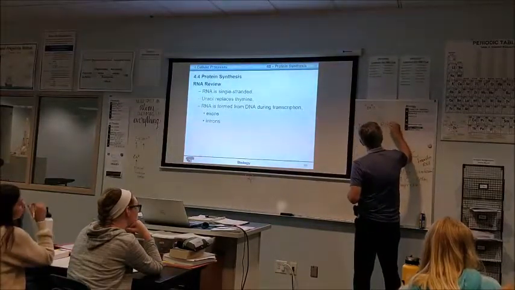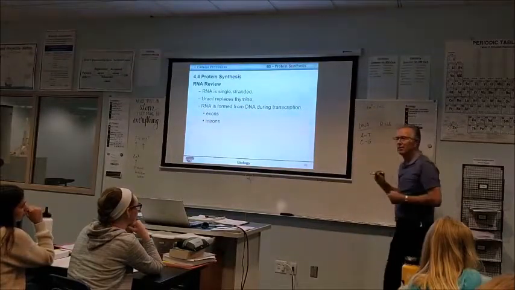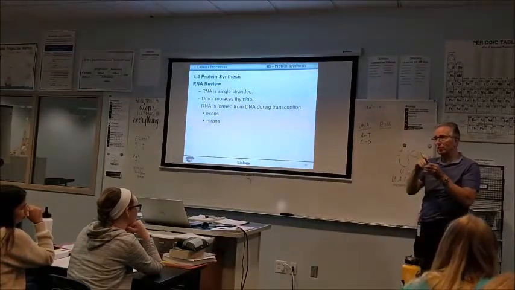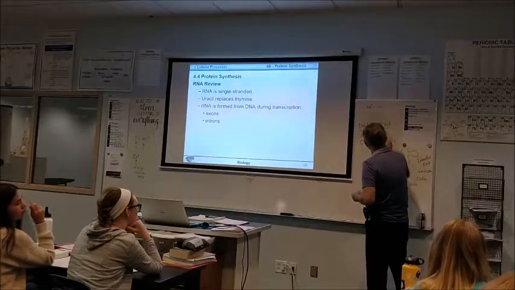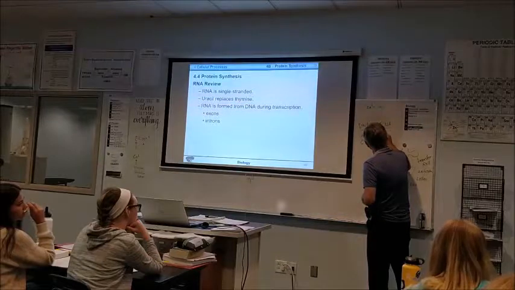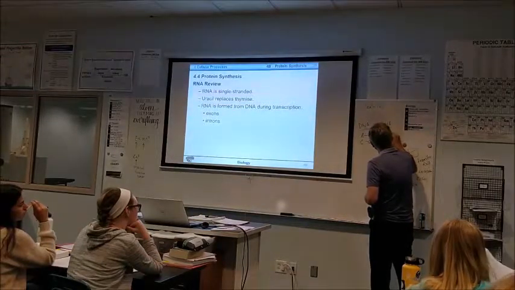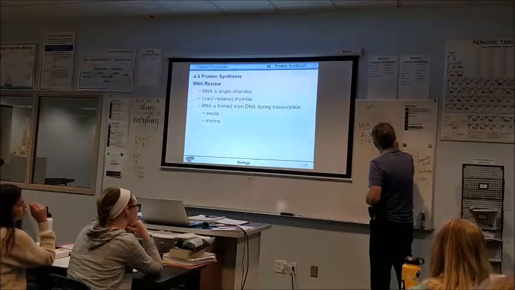For RNA, the messenger RNA, when transcription took place, instead of a T, it uses a U, but it still is a C and a G.